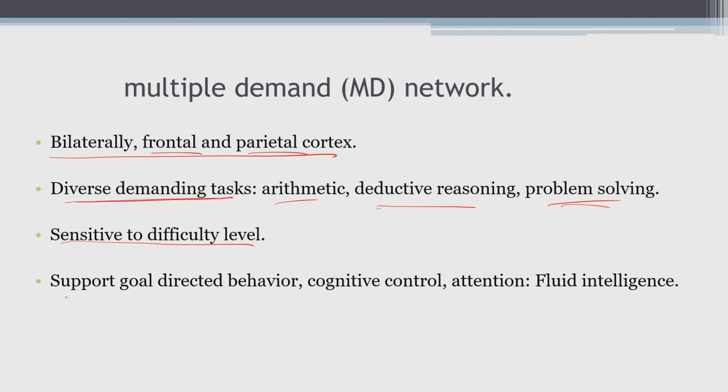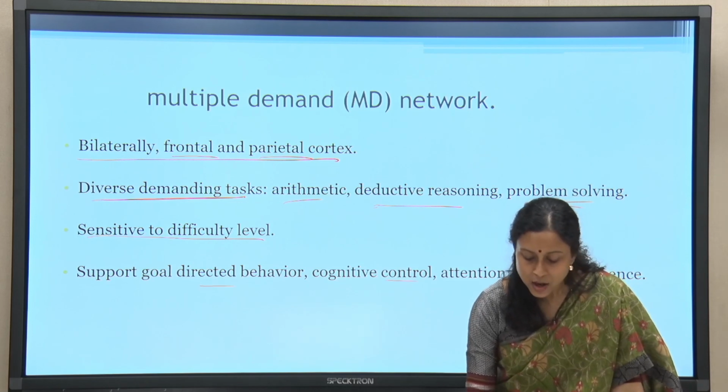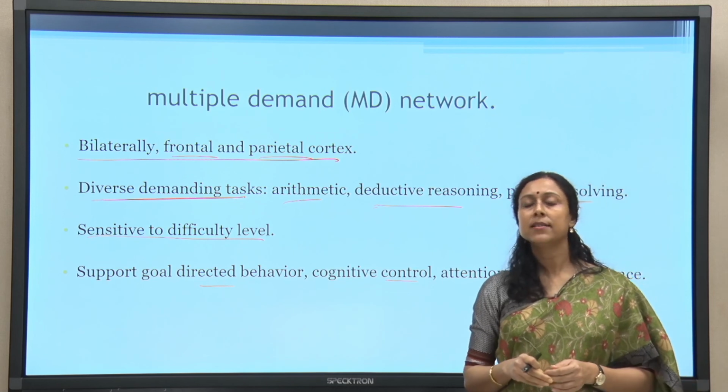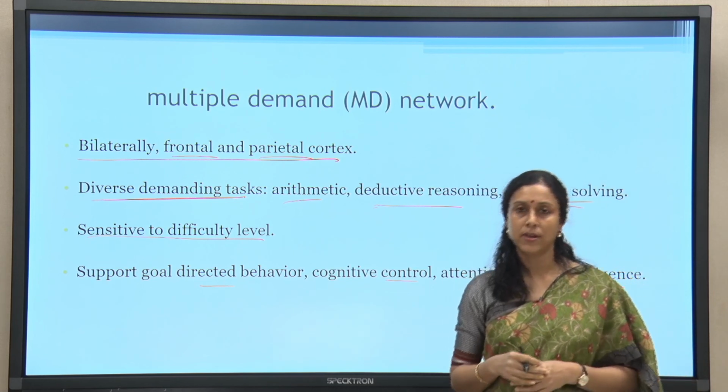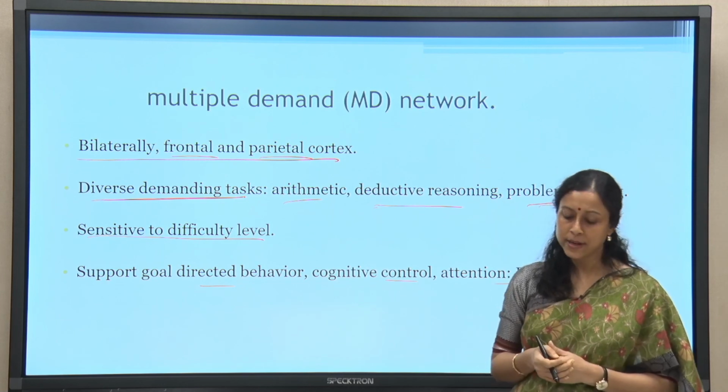This particular area is found to support goal directed behavior, cognitive control, attention and so on. These are the things that are grouped together as fluid intelligence, which we have already talked about. Executive control mechanism, executive function or cognitive control, whatever you call it, is basically the hallmark of intelligence.